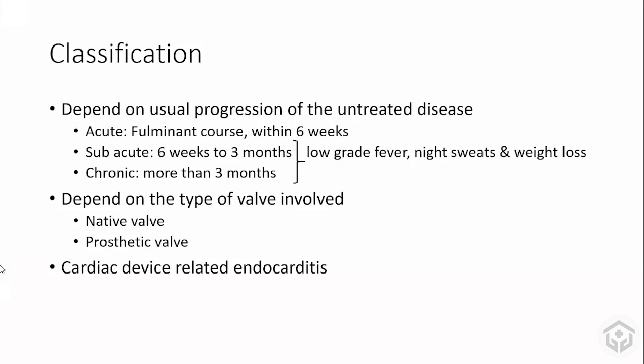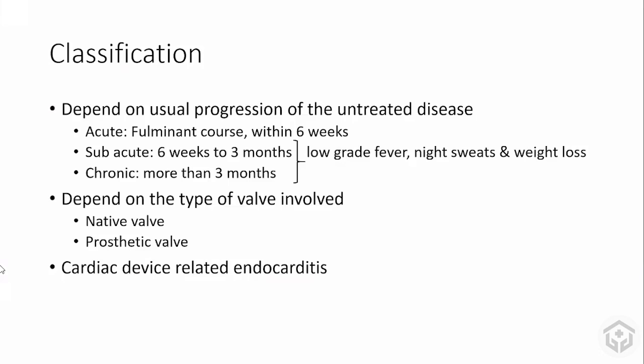Another type of classification is by the type of valve involved, that is prosthetic valve endocarditis and native valve endocarditis. Native valve is the person's own valve. Another type of endocarditis is cardiac device related endocarditis.